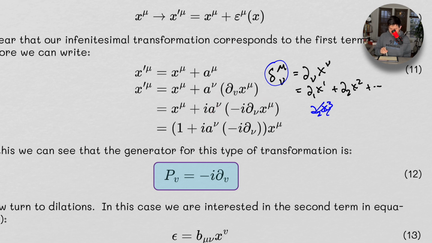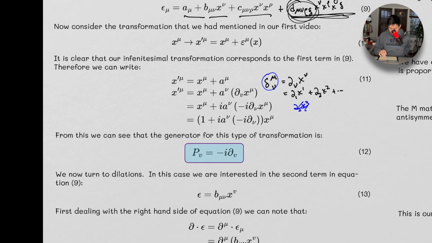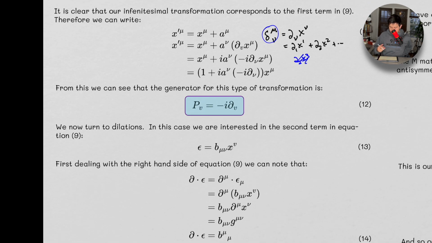What's interesting about this is that now we have the identity operator 1 plus this thing here, and this is our generator. This is our A, but this thing here is the operator that generates our translations. So from this we can see that the generator for this type of transformation is this.